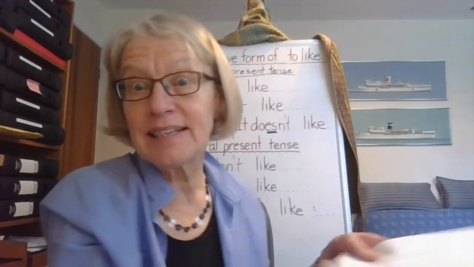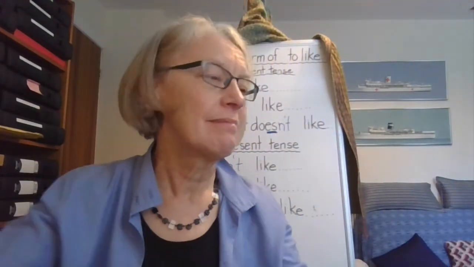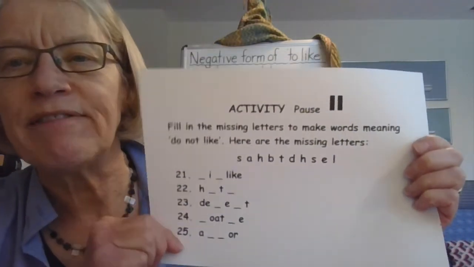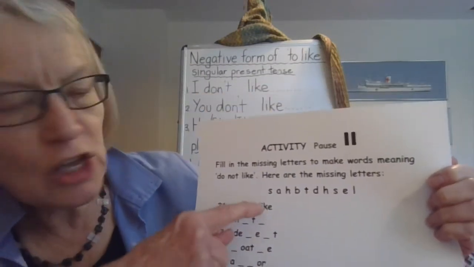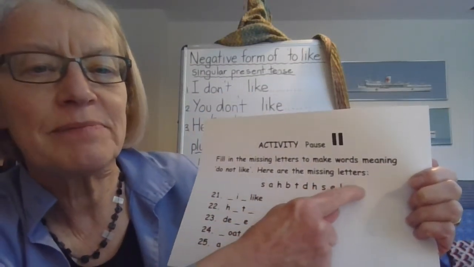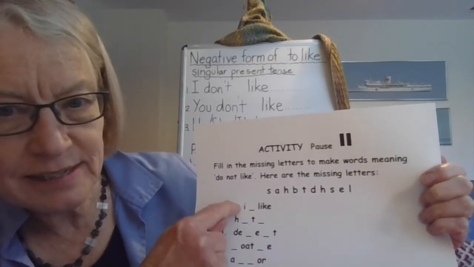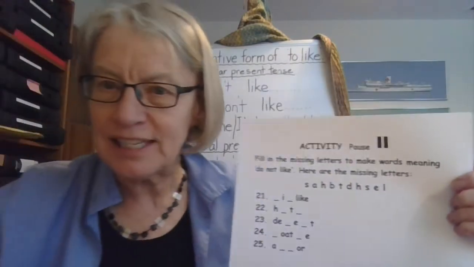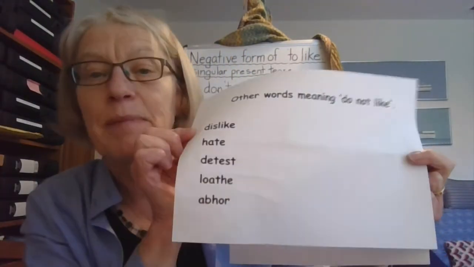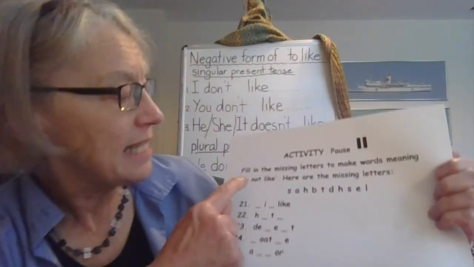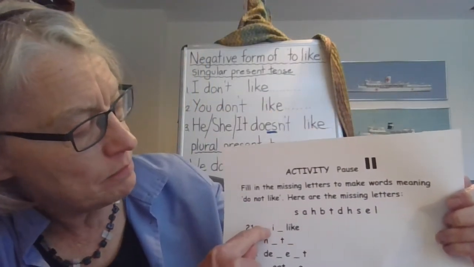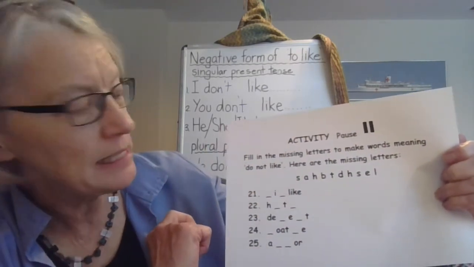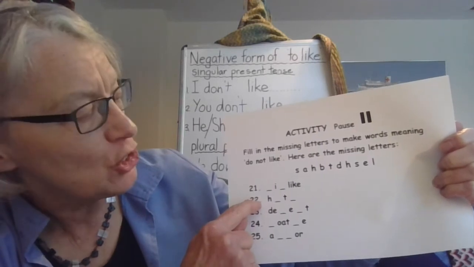And here's your last activity. So numbers 21 through to 25. You've got to put these letters in these words to make one of the words that we've just been talking about. So what's missing from here? I like. Put in, there are two letters that are missing. Number 22.